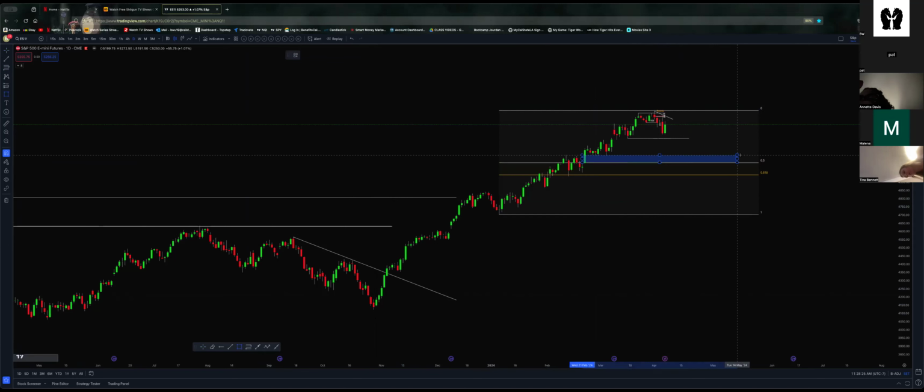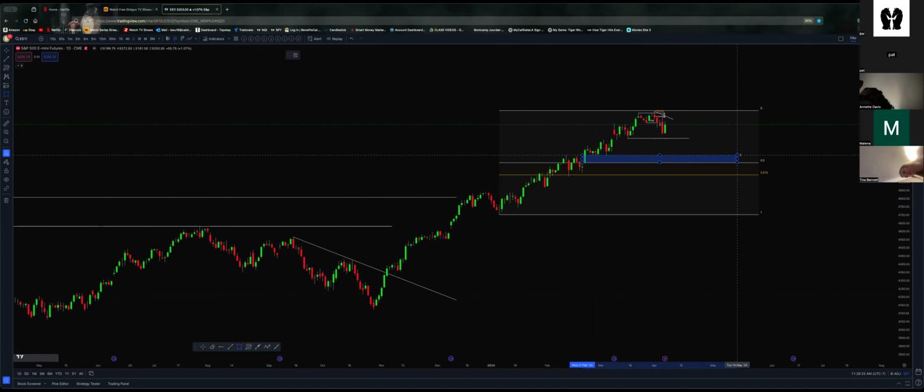Once we made this first move like this, I put on the Discord that I want to see us come down and take out some of these lows. I think we had equal lows right here that were never touched. So we came right here.